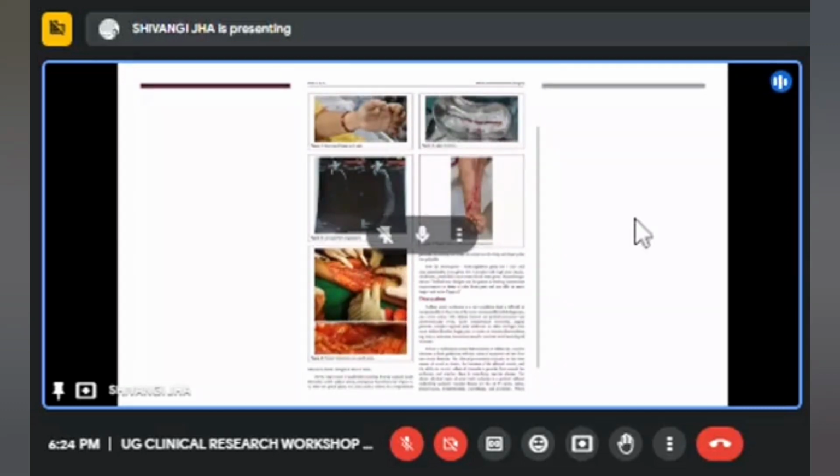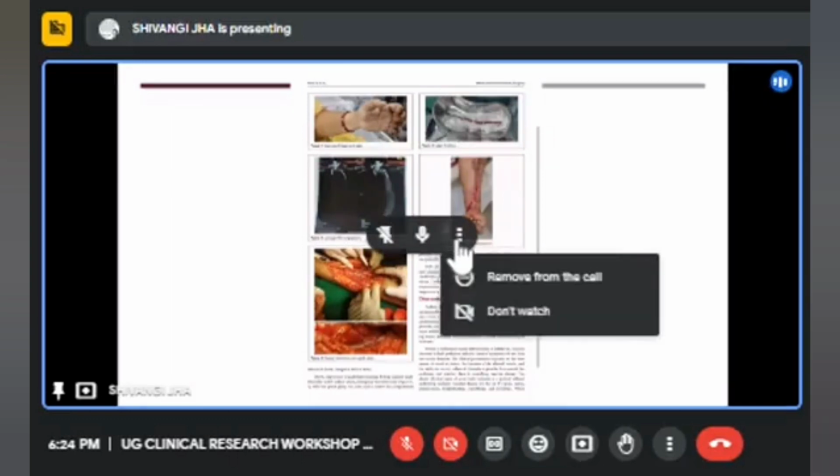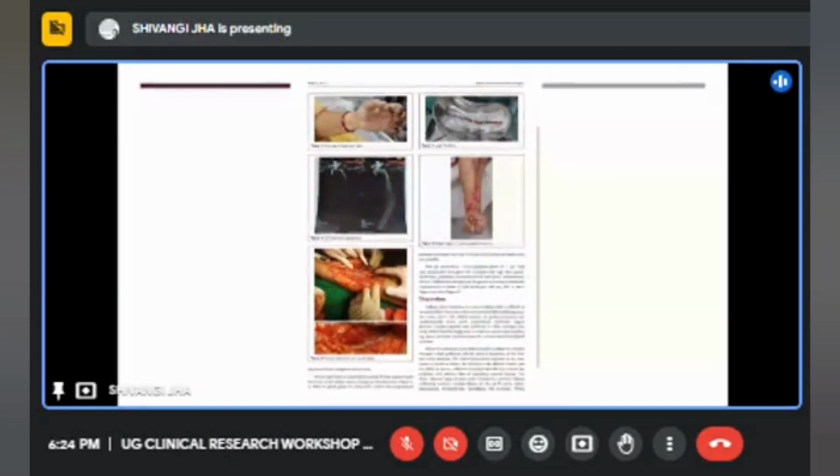And coming to the discussion part, analyze and interpret your findings. In this paragraph, you are supposed to compare and contrast your case with similar case reports already available in the literature. Discussion and the title are among the main elements of getting your case report published.